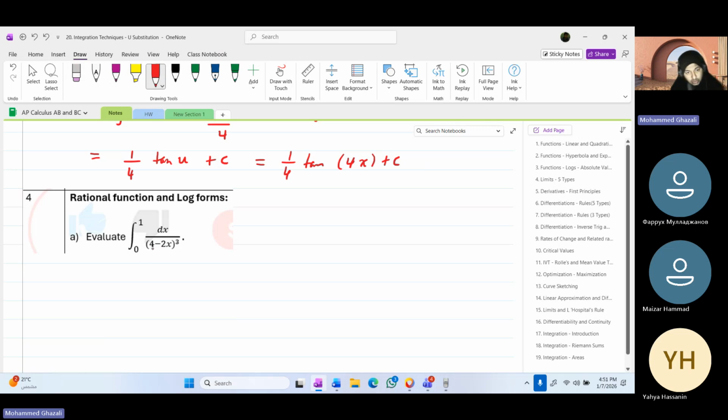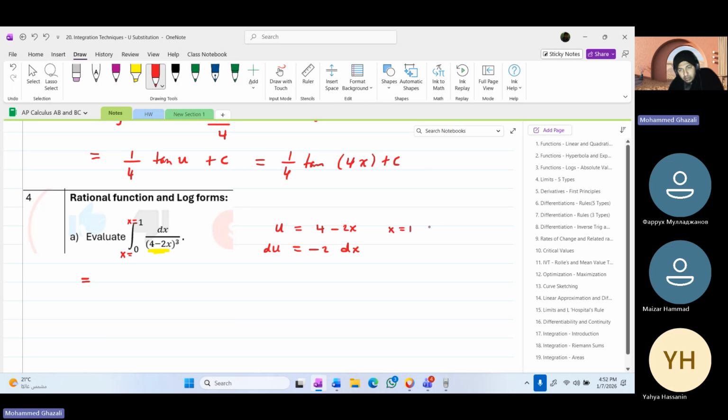So we're going to say let u equal to 4 minus 2x, because this is the bigger function. So du is equal to negative 2 dx. Remember, 0 and 1 are x values.